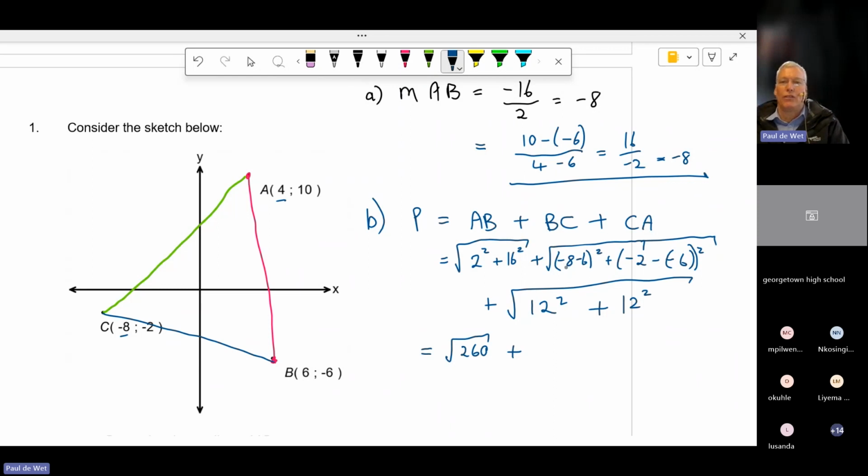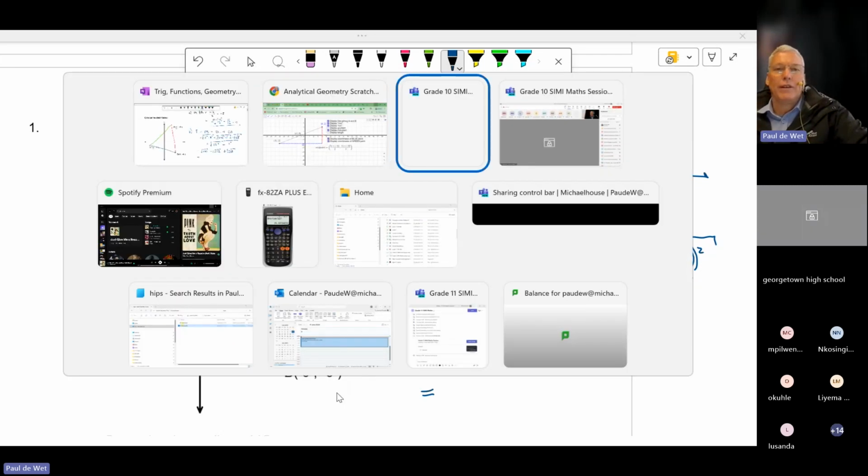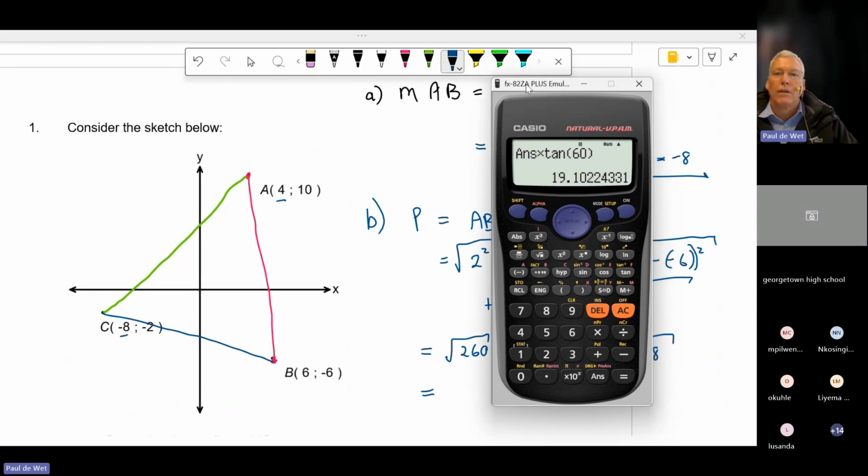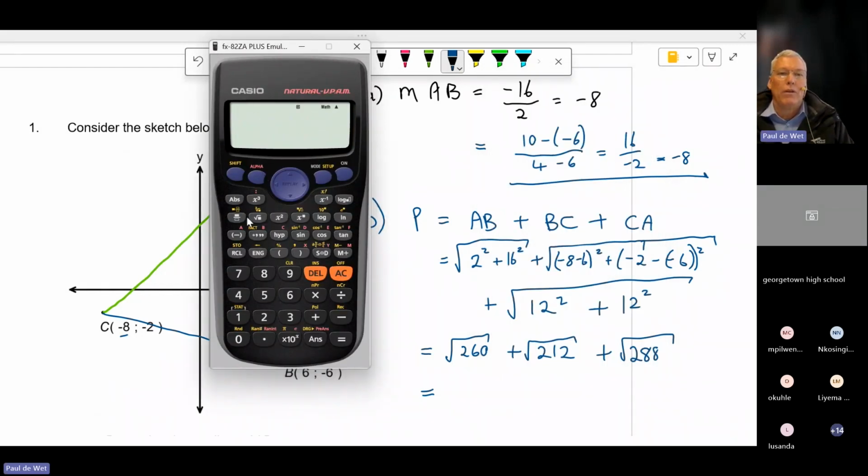So it's 16 and 196 is 212. This one is the square root of 288. 144 plus 144. I'll just quickly work it out for us. It's going to be the square root of 260 plus the square root of 212 plus the square root of 288. We get about 47.7.